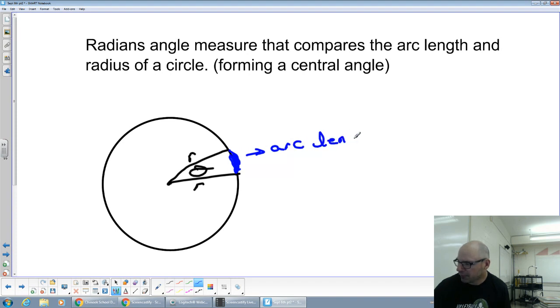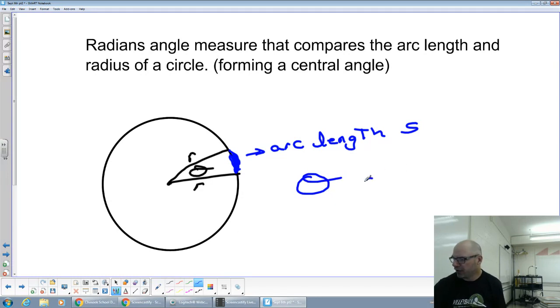Usually the symbol that we used in the past would be an S. So that's what a radian measure is. And the relationship is that the angle in radian measure, theta, is equal to the distance around the circle compared to the radius. So that's S divided by R.